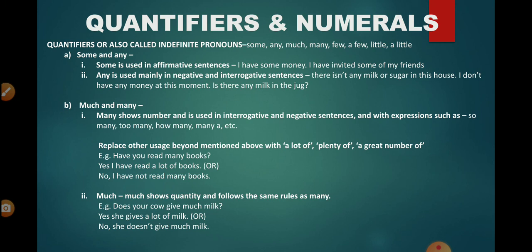Yes, she gives a lot of milk. Or no, she doesn't give much milk. Fine. Again, in a positive sentence, it's better to avoid use of much and many and use phrases like a lot of, plenty of, a great number of. So these were some and any, much and many.